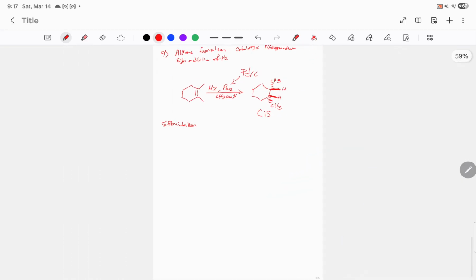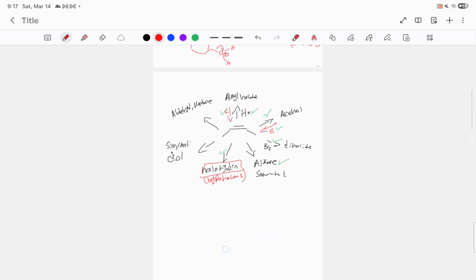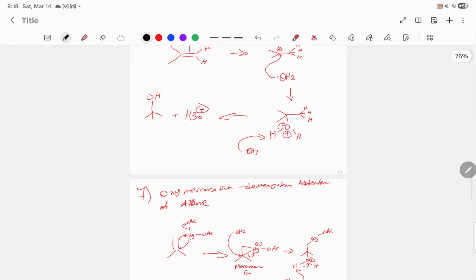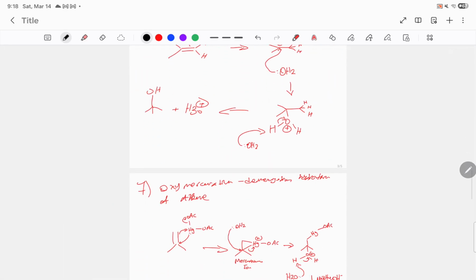First things first is a reaction called epoxidation of an alkene. Epoxidation. So before I show you how to make a diol, I'm going to show you how to make something else called an epoxide. An epoxide is a very special kind of cyclic ether.